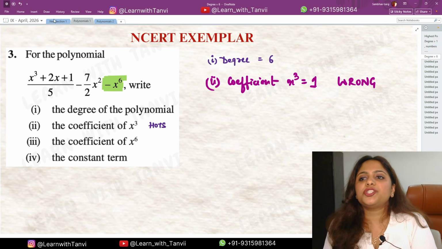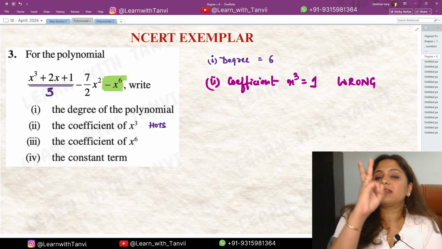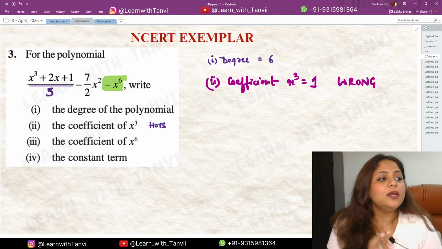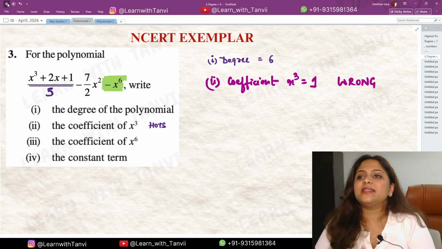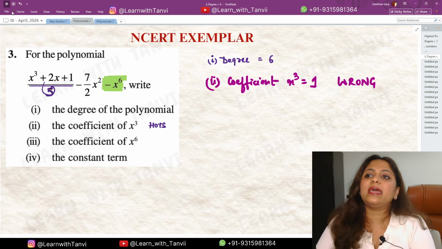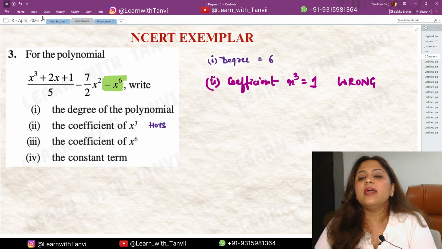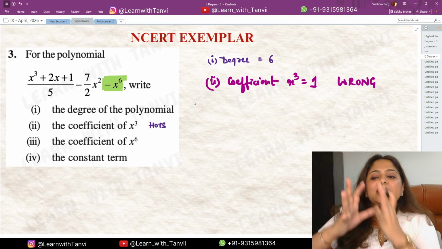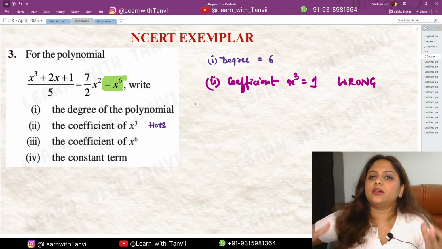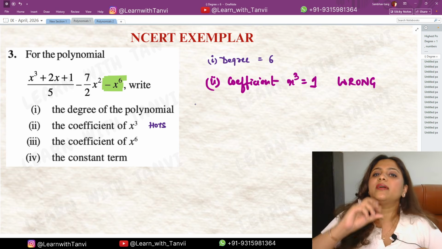Technically, in this question, if you look, you will notice that there is a divide by 5 with at least 3 terms on the top, right? So this is the most important step. This step is going to be there in your trigonometry as well, that you need to first separate out the terms. Means आपको अलग अलग करना पड़ेगा terms को.